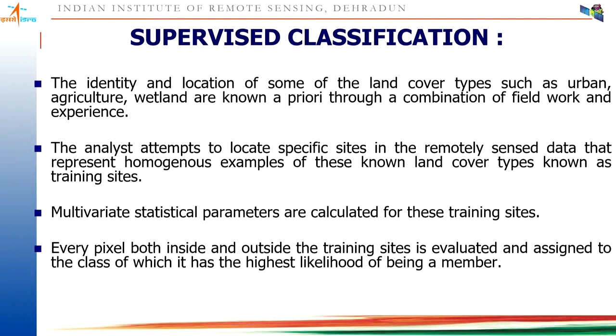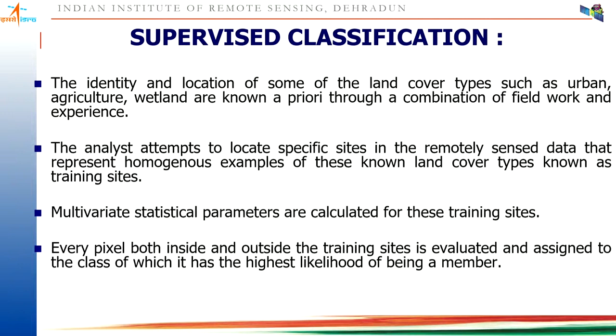As the name itself suggests, we are supervising the computer. Supervising means we are giving training to the computer. We are telling the computer that this pixel belongs to class water. Try to find similar pixels in the entire image which are water pixels.